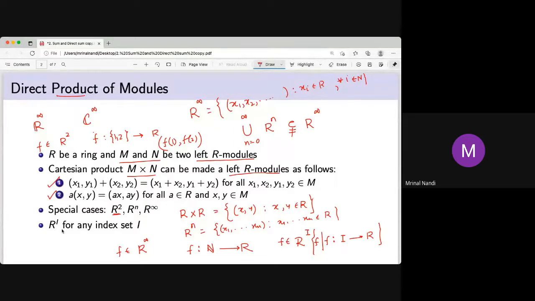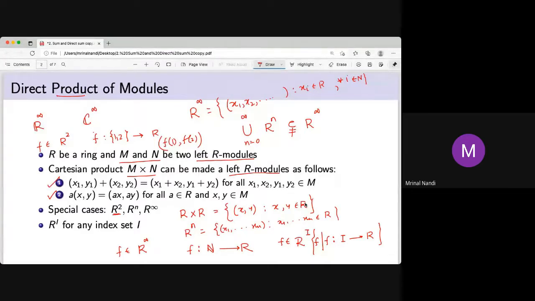Any element of R to the power I is just a function f, and another element is another function g. So how do you add f and g? f plus g is just a new function on I, such that (f plus g)(x) is f(x) plus g(x), and f(x) in R, g(x) in R, so f(x) plus g(x) is in R, because R is a ring.